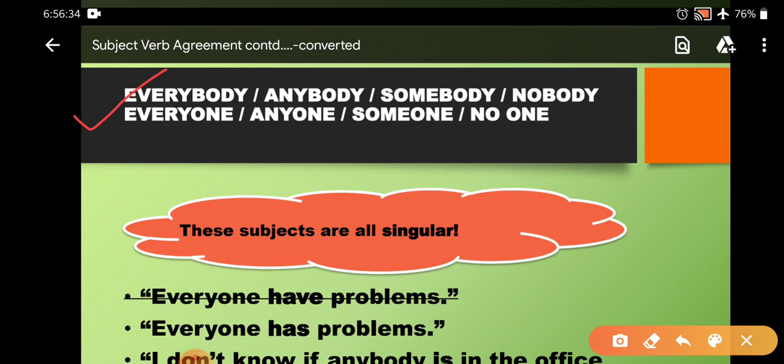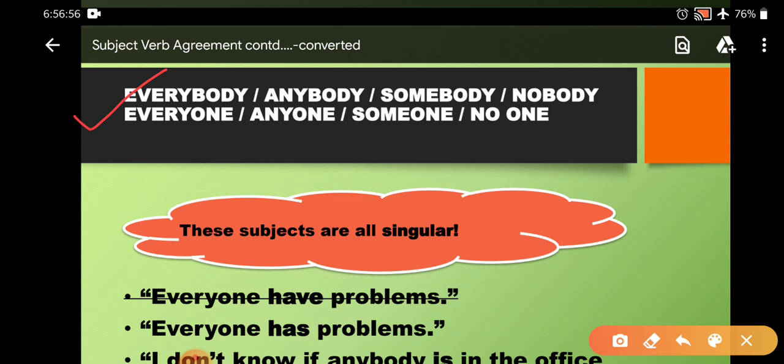Here you can see a set of words: everybody, anybody, somebody, nobody. Then everyone, anyone, someone, no one. Clearly, if you go through these words, they refer to a singular noun or a singular subject.